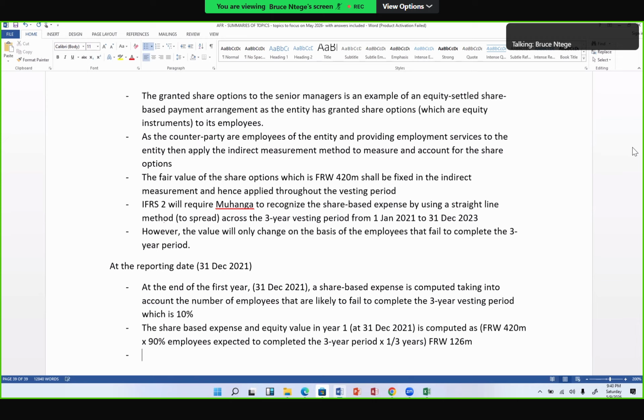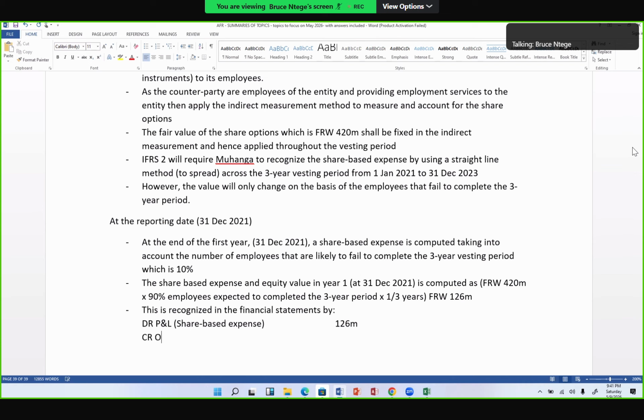So debit the P&L, and in there I'm going to put my share-based expense, maybe the administration costs, or the operating expenses, whatever it is, and the figure I'll put there is 126 million. While the credit, I'll take it to equity under other equity reserves. Don't take it to retained earnings. This is a reserve.